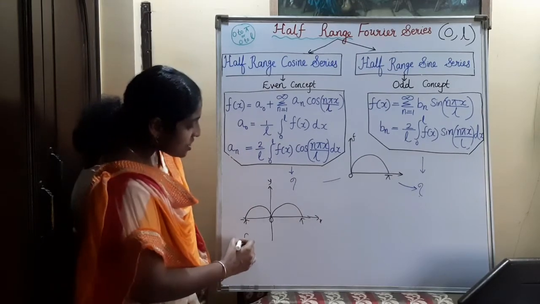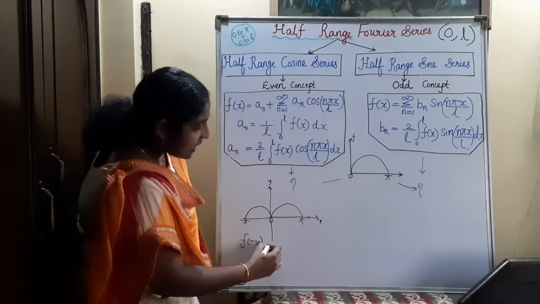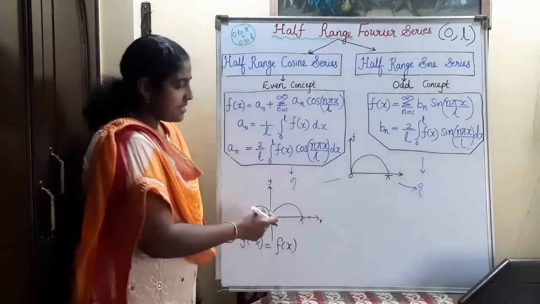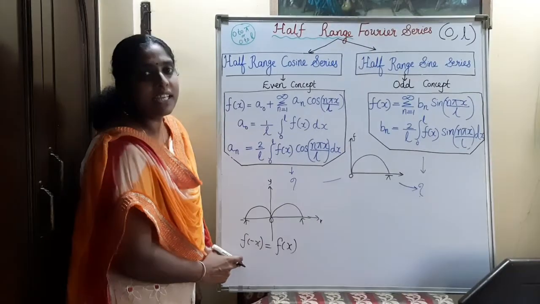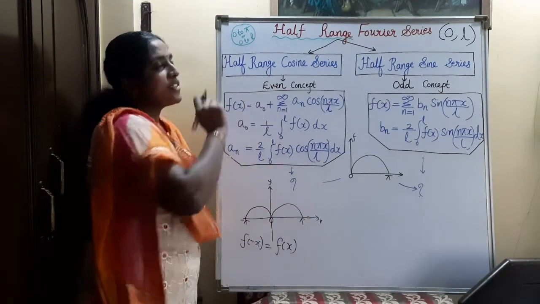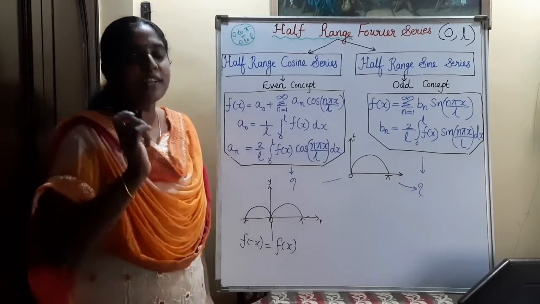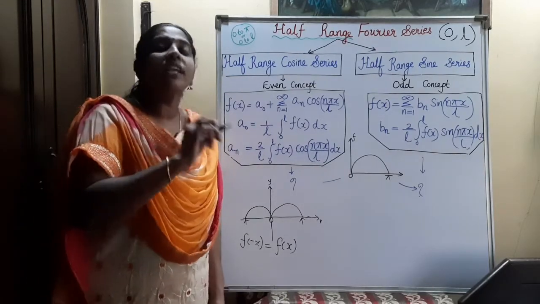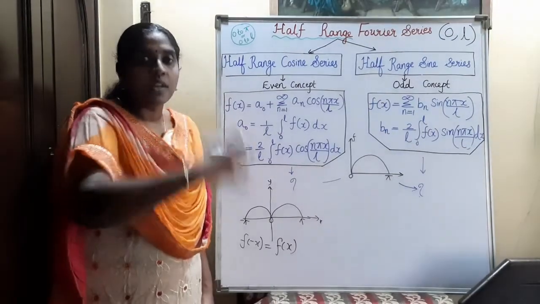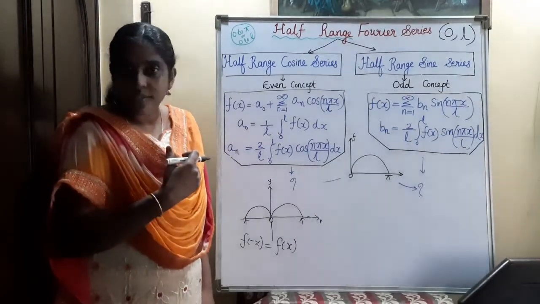Then this function will act like an even function. When we are extending this, the given function will act like an even function, and such series are called half range cosine series, because in the full range Fourier series we have seen that for an even function the Fourier series reduces to the form of a cosine series.